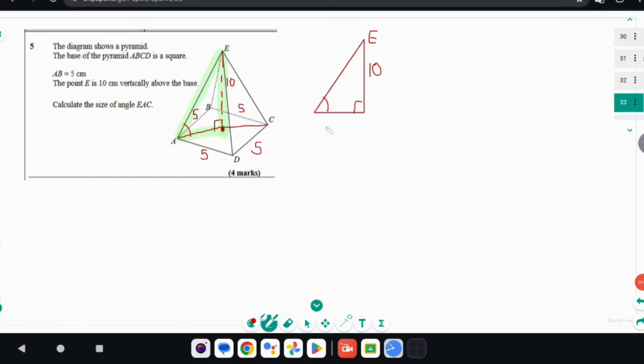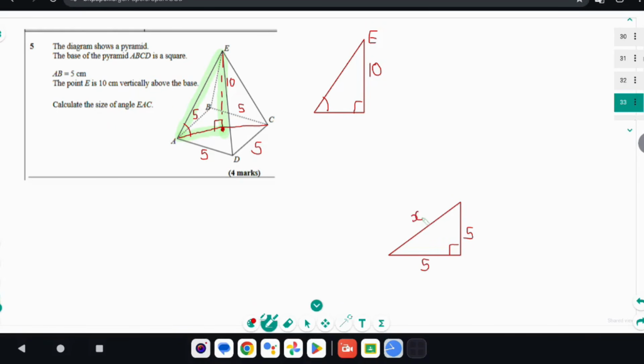Right, okay, so we need to work out the length from A to the midpoint here. So we can work out the whole length from A to C first, because it's a right angle triangle made by cutting a square through the diagonal corners. We've got 5, we've got 5.